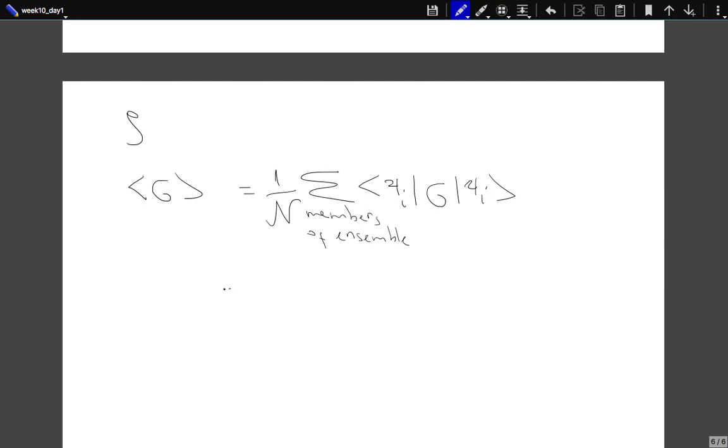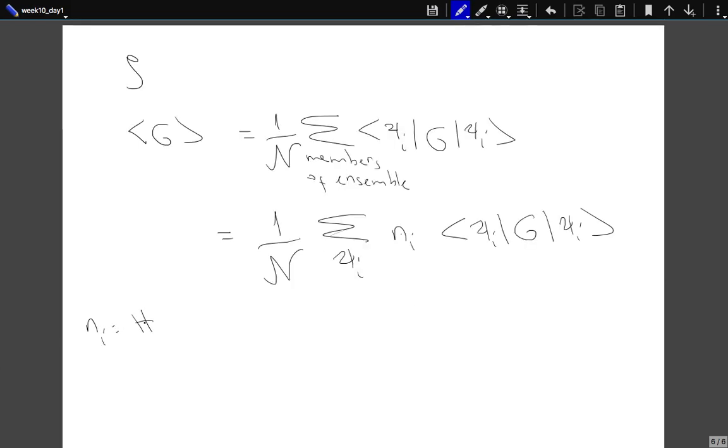Well, we can also do it in a slightly different way. You see, if two members of the ensemble have exactly the same quantum state, they will basically contribute the same. So instead of summing over the members of the ensemble, we can sum over all psi I, but then we have to multiply this with the number of members of the ensemble, let me just say Ni.